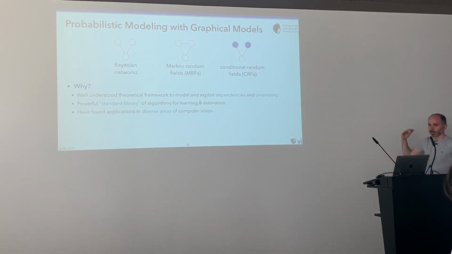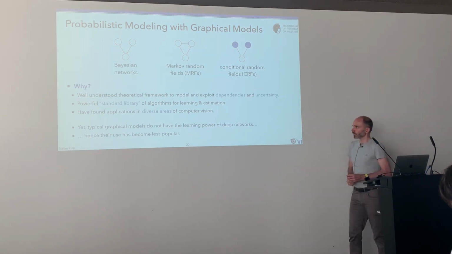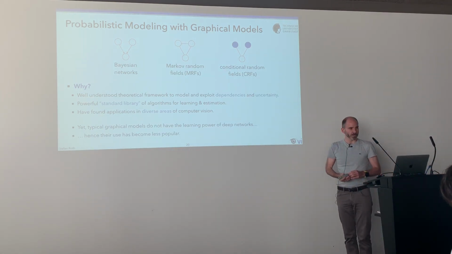We have a very powerful standard library of algorithms for learning and estimation, and it's been applied to basically any problem in computer vision. But it's fallen out of fashion because, of course, these models don't have the learning power of deep networks, and so we don't seem to be using them anymore.